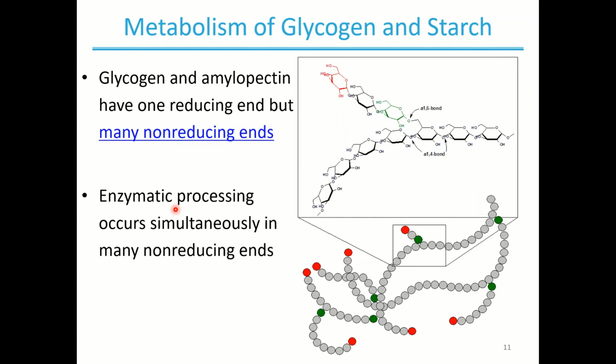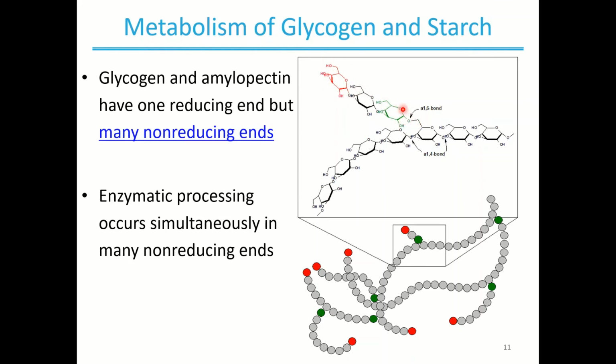If you're going to design a system to metabolize these polysaccharides, you're going to want something that will process them at the non-reducing ends, because there are more of them. On this picture, the non-reducing end is shown here in red.